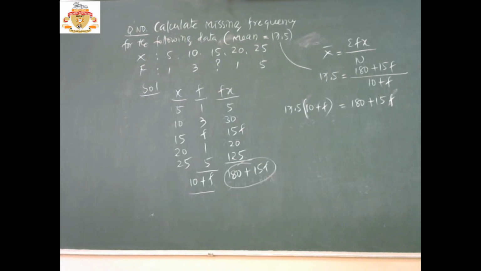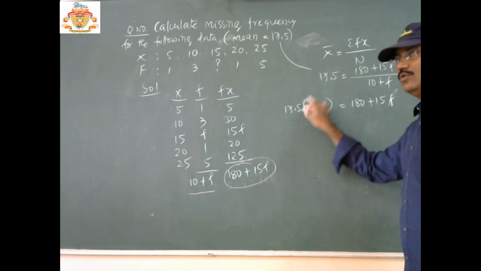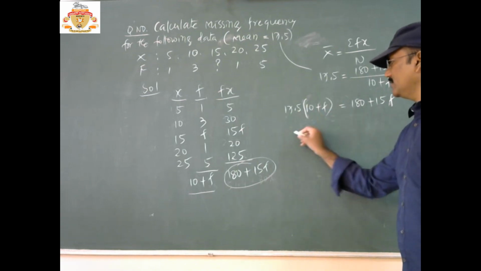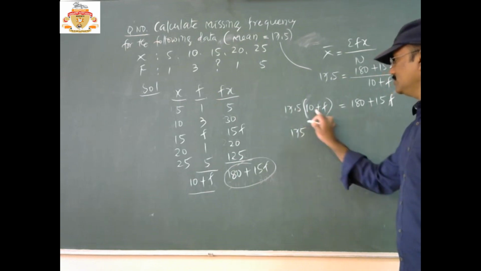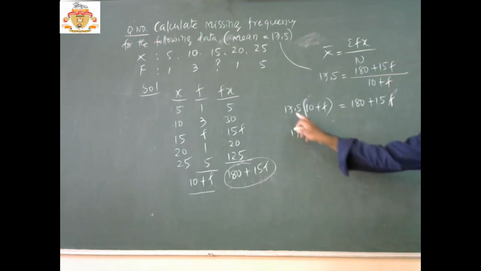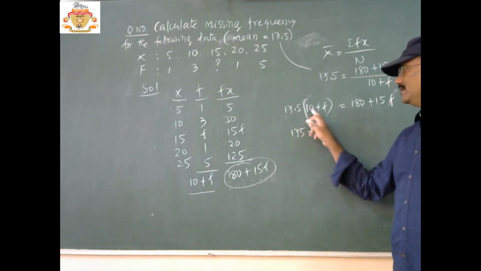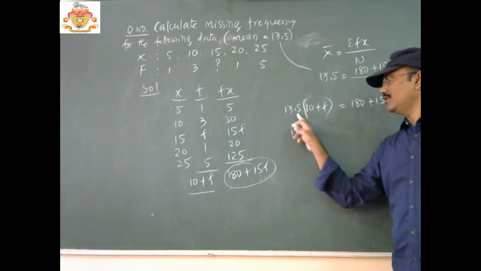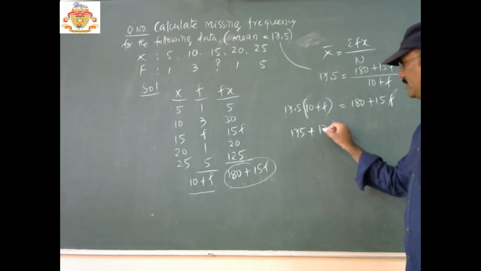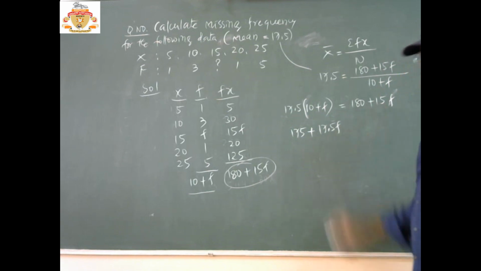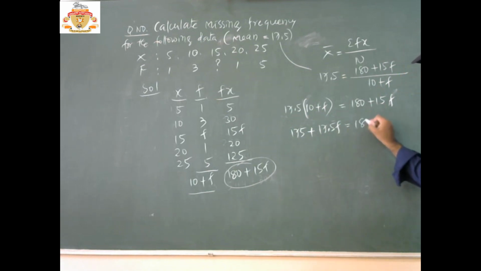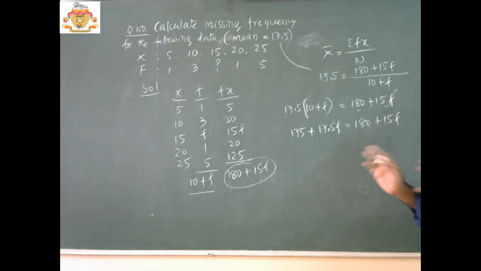Now multiply 17.5 to the whole bracket. 17.5 into 10 is 175. Plus into plus is plus. Repeat once again: 17.5 into 10 means 175, and 17.5 into f means plus 17.5f. The rest of the things are as they are on the right hand side. Then you interchange the numbers.